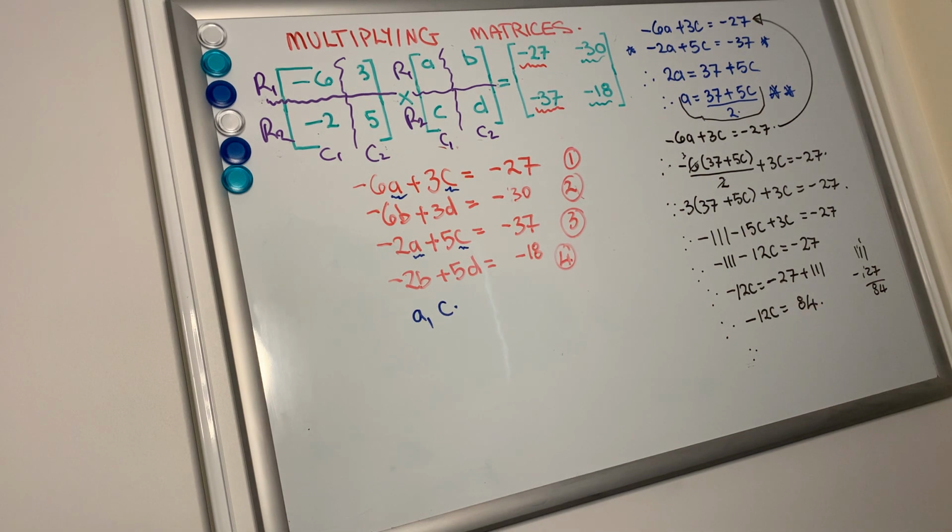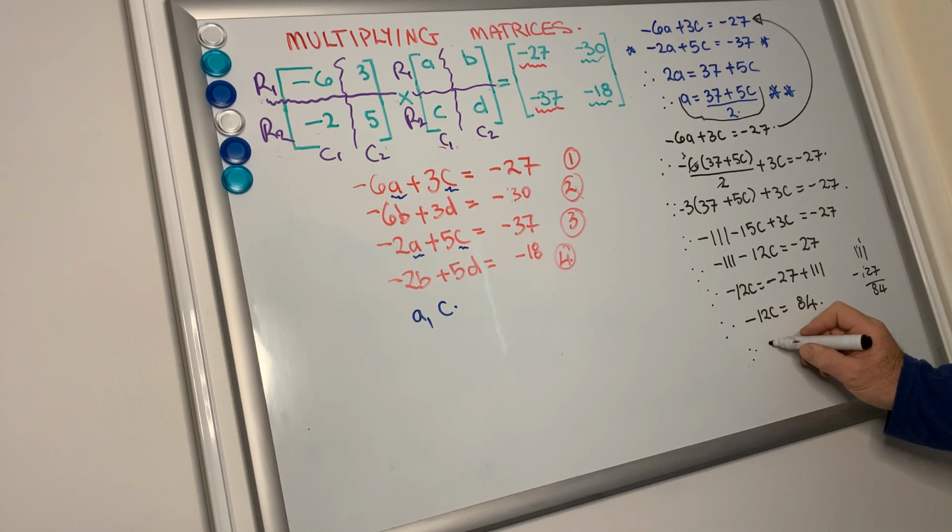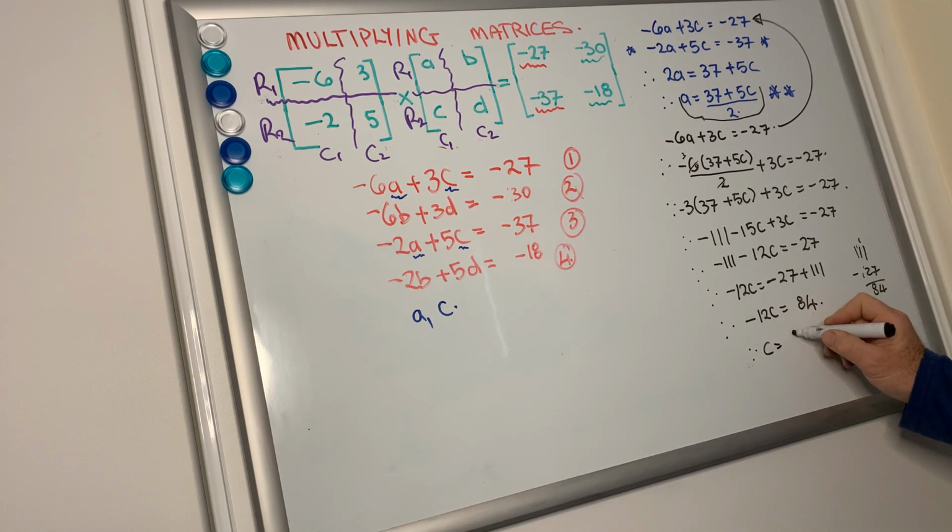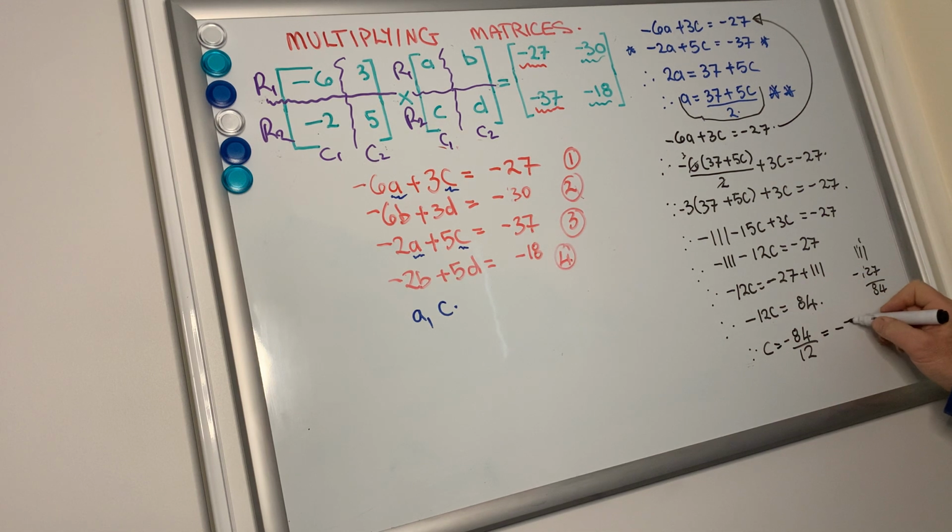Therefore, we can solve for c. If we divide by 12 on this side, we divide by 12 on this side. So c is equal to minus 84 divided by 12, because there's a negative sign, which is equal to minus 7.